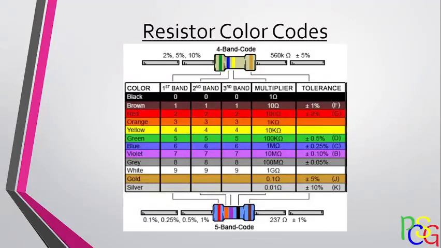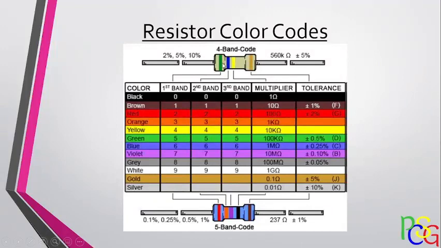In the case of a 4-band code, the first 2 bands give you the numbers, the first number and the second number. The third band then gives you the multiplier.